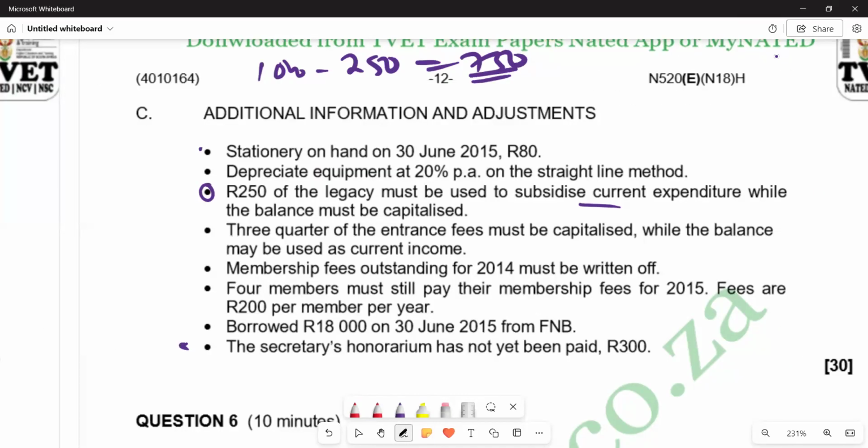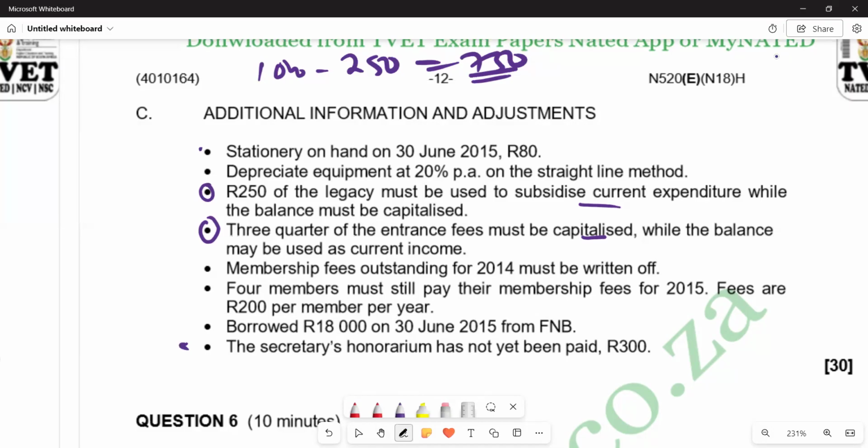So if you come to this point, you'd see that it reads 3/4 of the entrance fees must be capitalized, while the balance must be used as current income. So the balance that is being capitalized, we should not include it under income and expenditure. So you have to calculate it and remove it from the figure that we're having for entrance fees, which is 3,900.